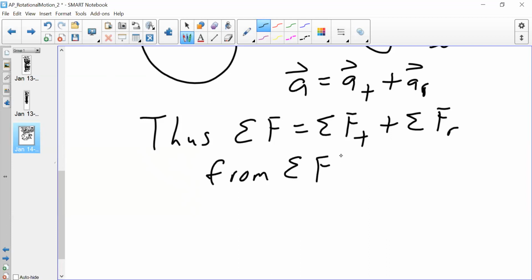From sigma F, meaning sigma F or F net equals ma. So same logic, perspective changes. We're just going around a circle and adding all the forces that make up this total net force here.